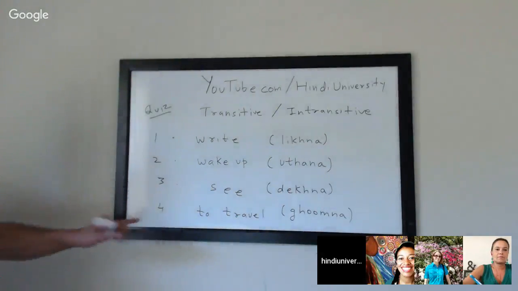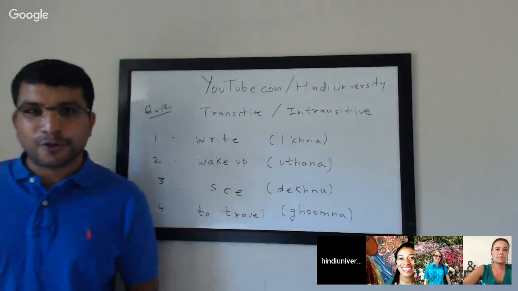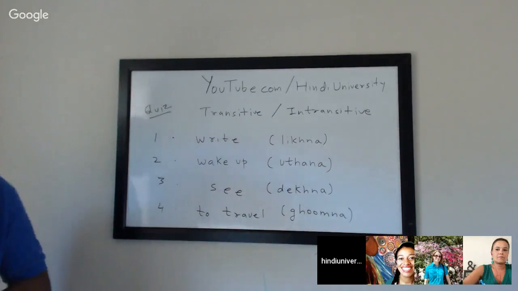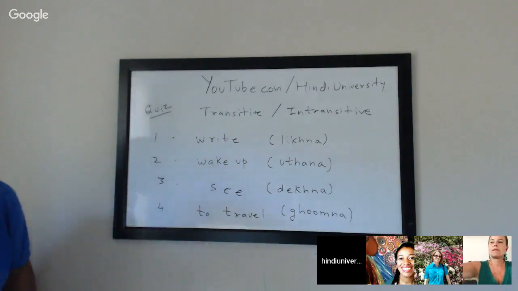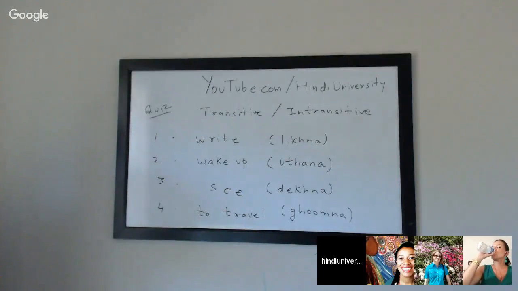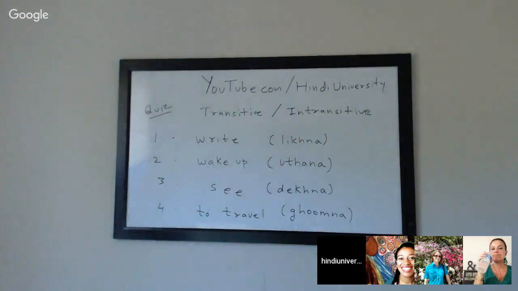I have to tell you, the last one is a bit tricky. It really depends on how you're using the verb. But the rest of the three should be very straightforward for you. So give your best. Use the chat box on the Google Hangout, and you can write down your answer.